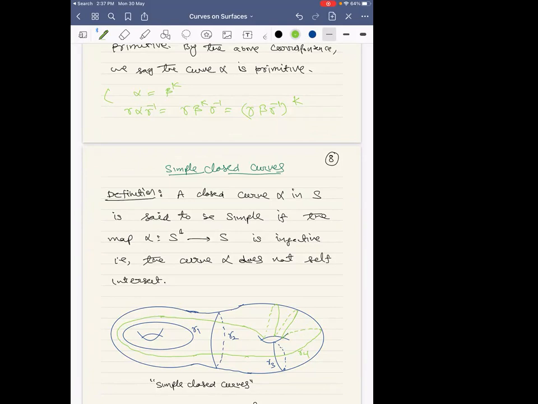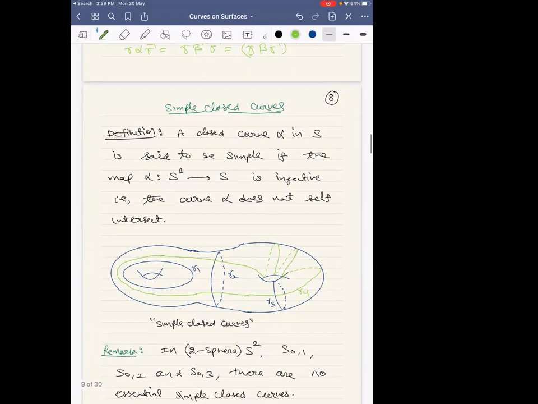That is, the curve does not self-intersect. In the picture you can see some simple as well as complicated looking simple closed curves on this genus 2 surface, which is your S2. Here you can see some of the curves: this gamma 1, gamma 2, and this green curve.